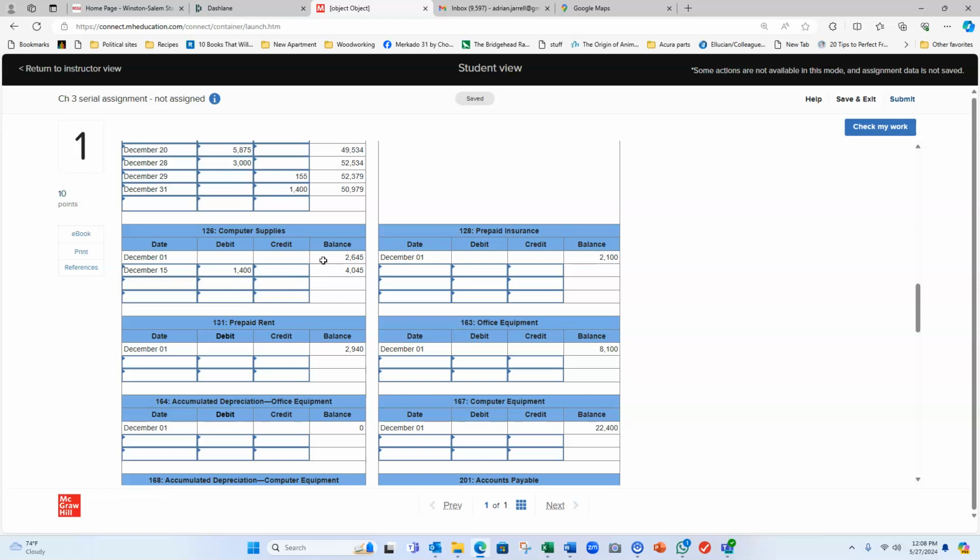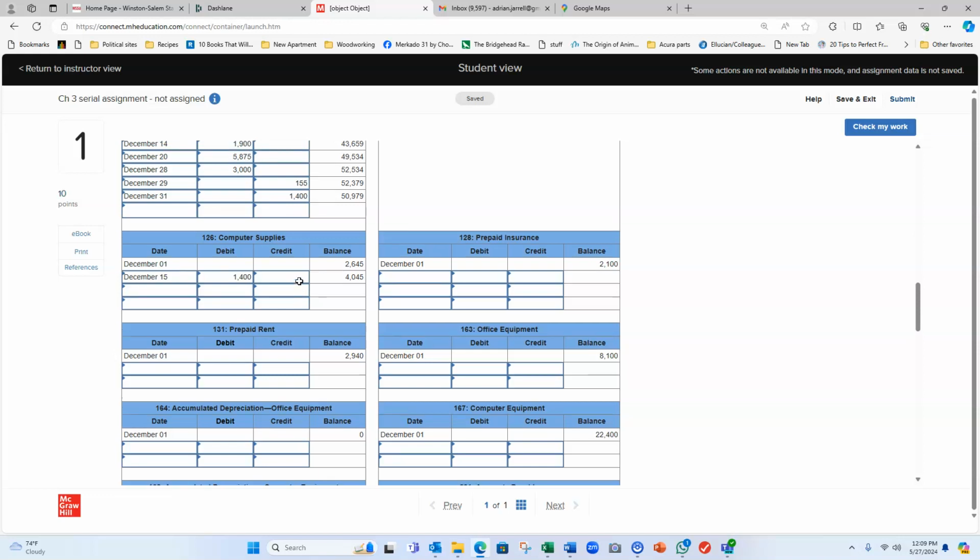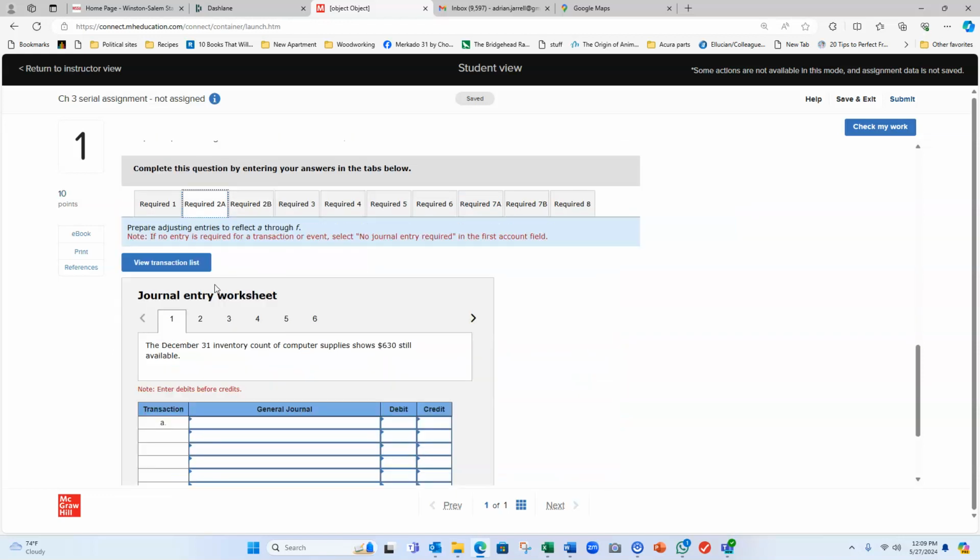And remember, an adjusting entry always affects a balance sheet account and an income statement account. So if I'm going to credit this account, I'm going to debit an income statement account, and that's going to be an expense. So I'm going to credit this account for $3,415. I'm going to debit computer supplies expense for that. Watch.